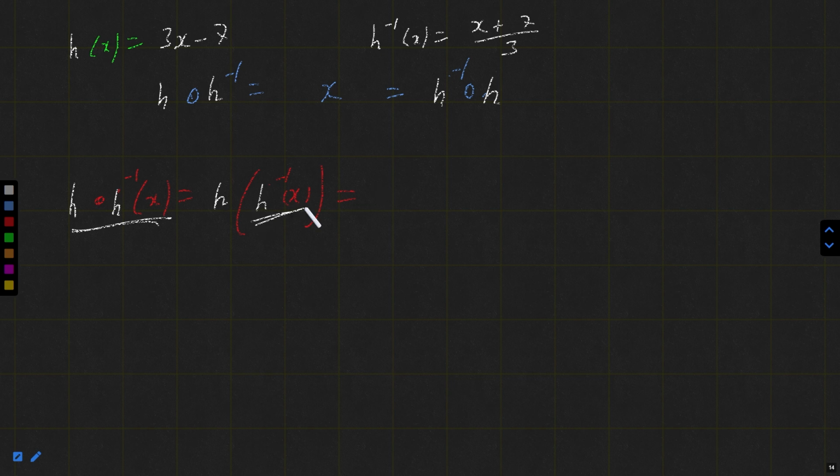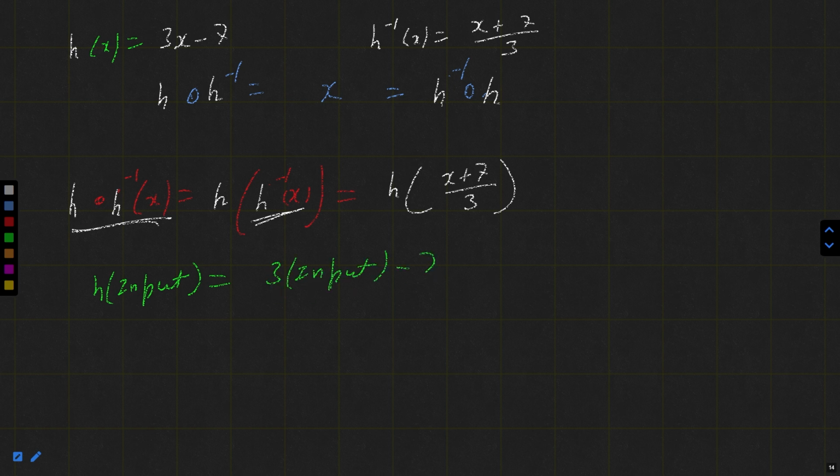You will get h inverse is what? h inverse is (x plus 7) by 3. Now h is what? h of input is equal to 3 times input minus 7. So here what is my input? Input is this.